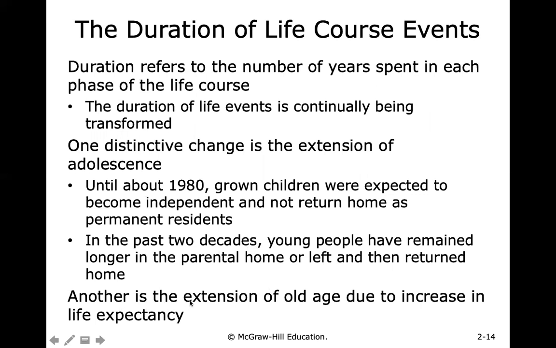And then also another is the extension of old age due to the increase in our life expectancy, which is a good thing, right? We might have individuals who are retired and their life course event is that they retired and they are no longer working. And now all of a sudden they are living longer lives after that retirement. Then what does their life course look like? They've lived their life all the way up until that point, and then they retire.